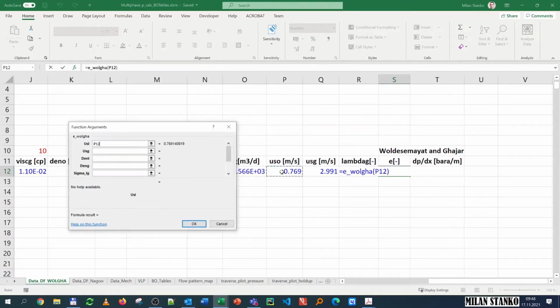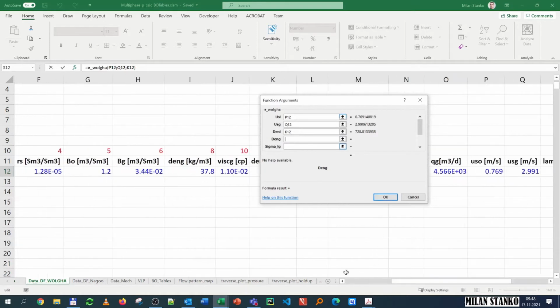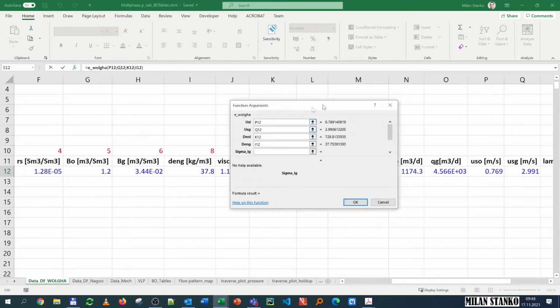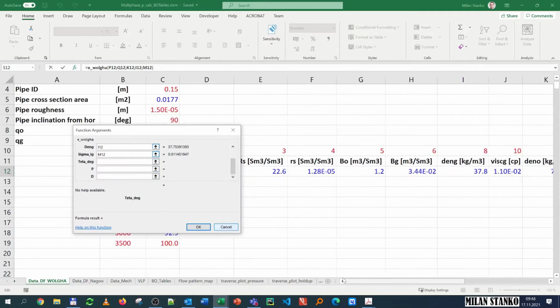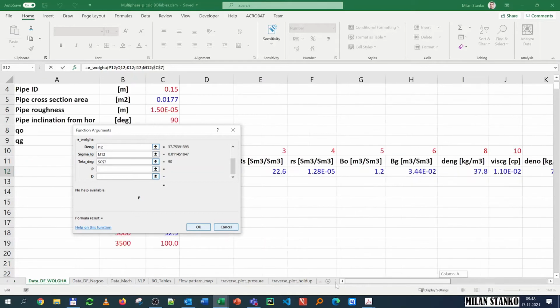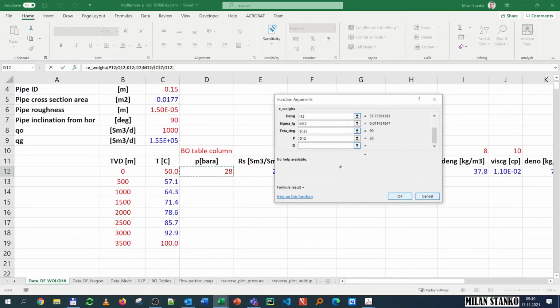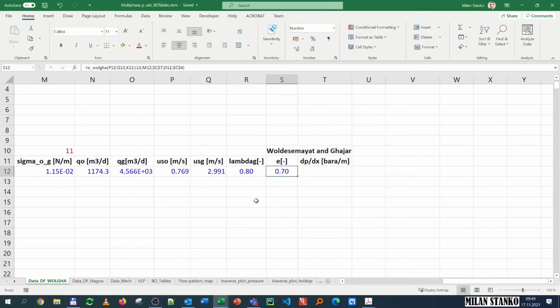Okay, and then this US liquid, US gas, density of the liquid, density of the gas, the interfacial tension, the angle of inclination with the horizontal, the pressure, it's here, the diameter of the pipe is here, and then we need nothing else.